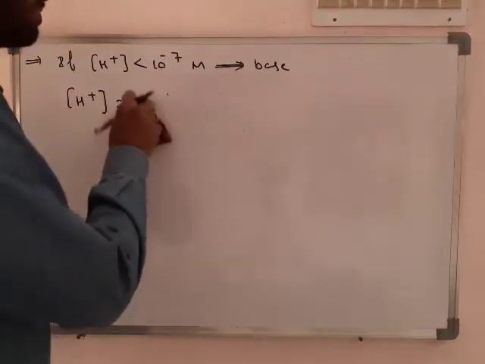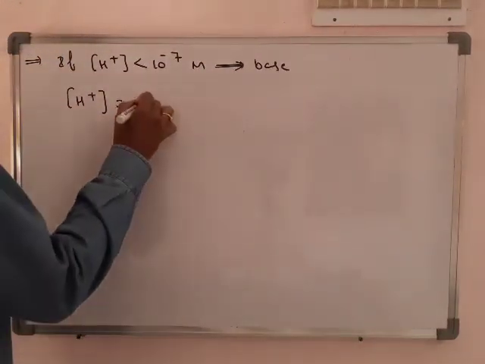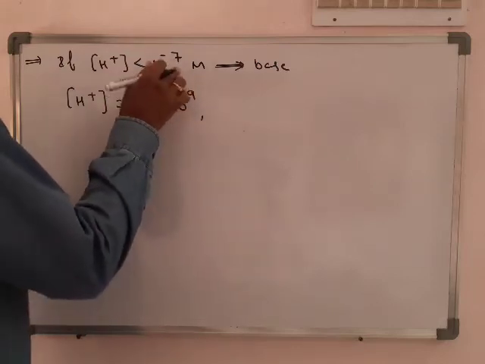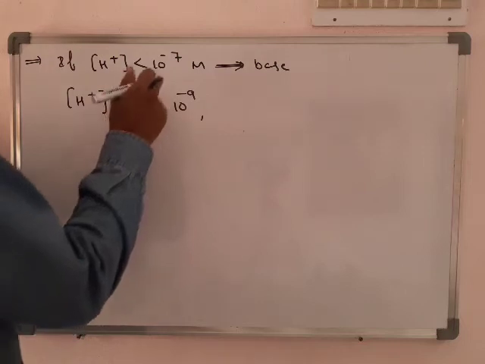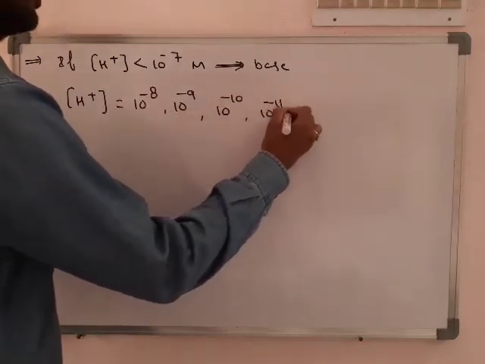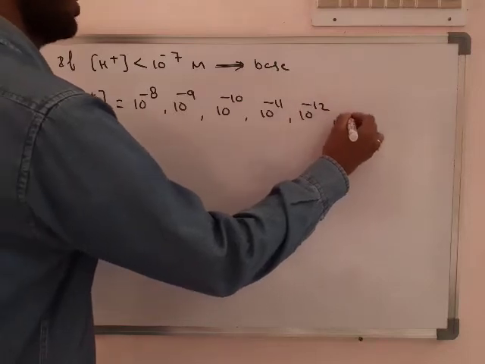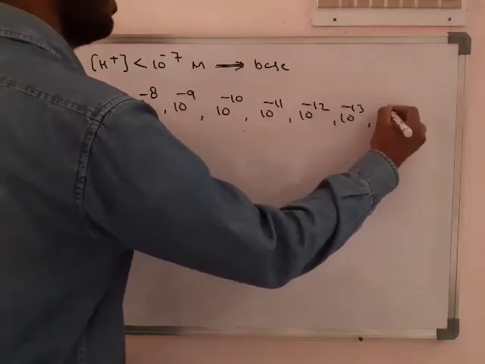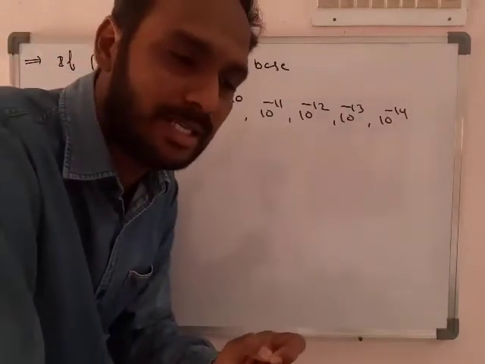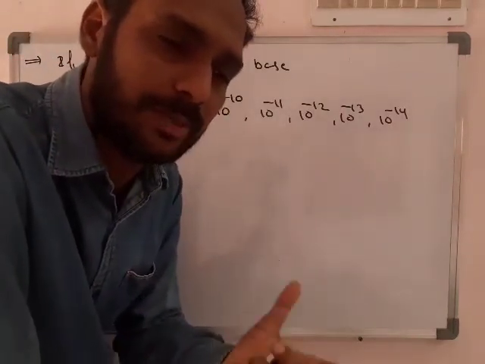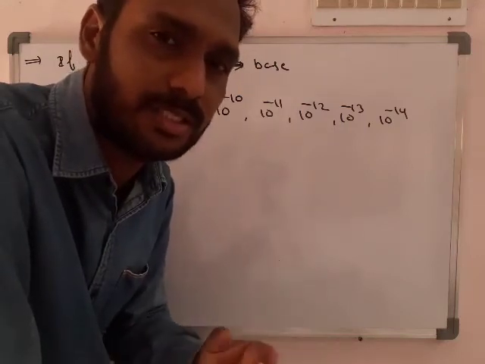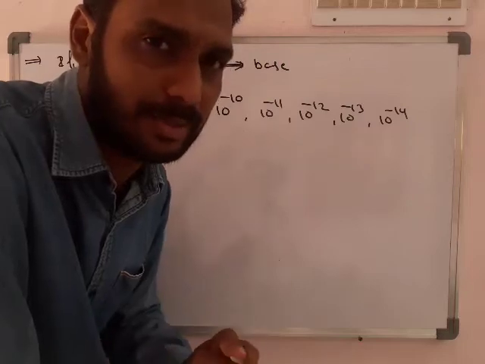But for simplicity we are writing 10^-8, and less than that: minus 8, minus 9, minus 10, minus 11, minus 12, minus 13, minus 14. We can write more values also, but generally it was observed that pH values are from 0 to 14. It starts from 0 and ends with 14 for maximum acids and bases.